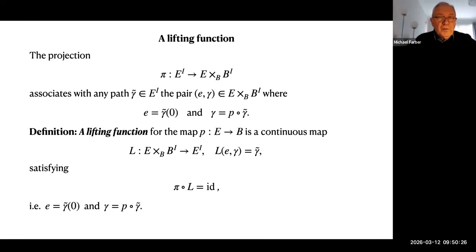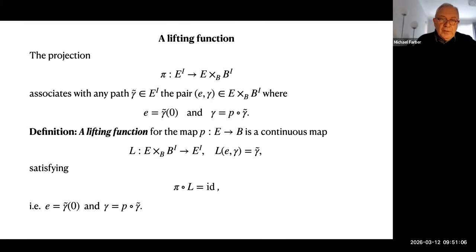So this is actually what is called in topology textbooks a lifting function. So what is a lifting function? As standard notation, E to the power I is the space of curves in E. From this space we have a projection pi onto E cross B^I, where B^I is the space of curves in the base, and in E it is the initial point of gamma tilde.